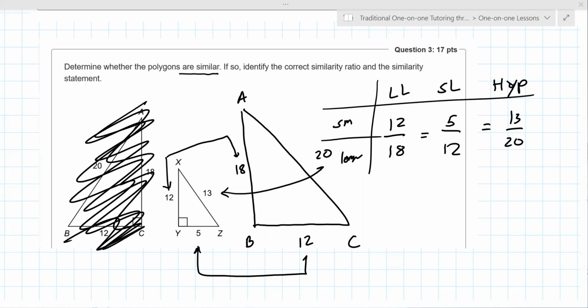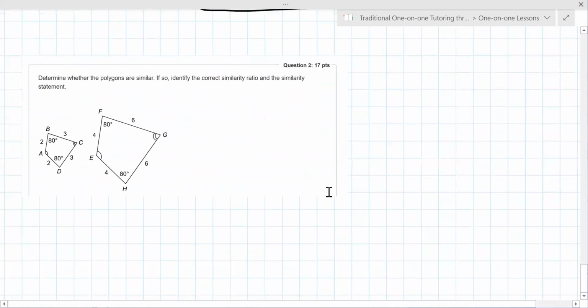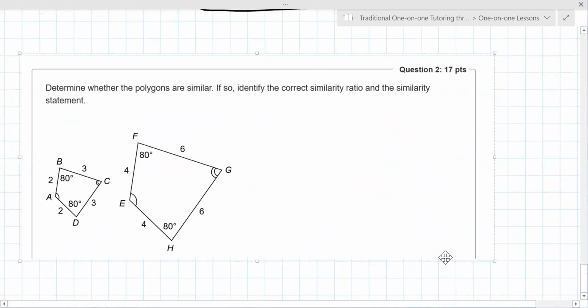But it doesn't just apply to triangles. You can actually do it for any polygon. The thing is, all the sides have to be in the same proportion. If just two of them are the same proportion, that's no good. So here, this 3 goes with this 6.